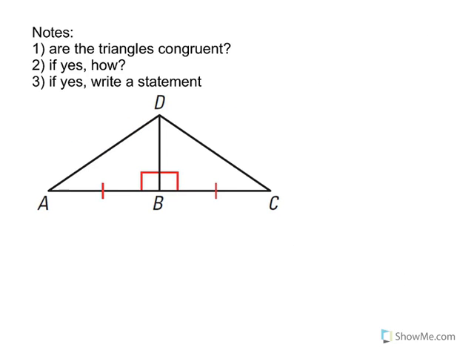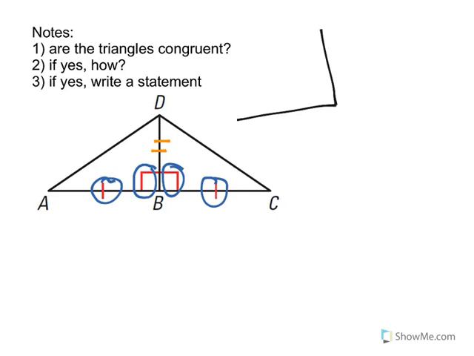Okay, so same questions. Are they congruent? How? And write a statement if they are. So I have one set of sides. I have a set of angles. Yes, they are right angles, but that means they have to be congruent too, because all right angles are congruent. And they also share side DB.